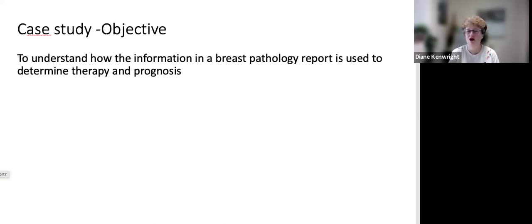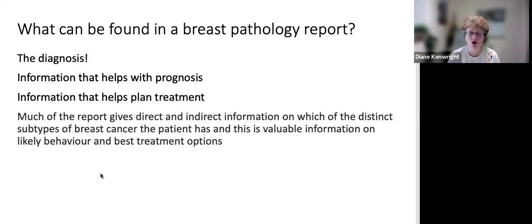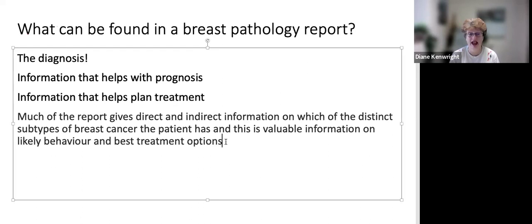They are a long series of formulated information. But fundamentally, what they contain is the diagnosis, information that helps with prognosis, information that helps plan treatment, and really basically it's how it's going to behave and the best treatment options.